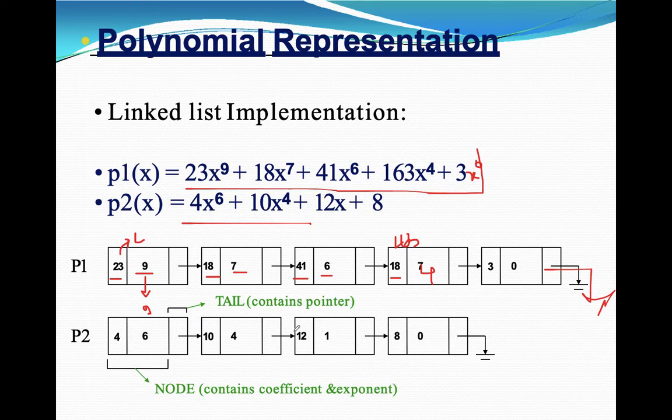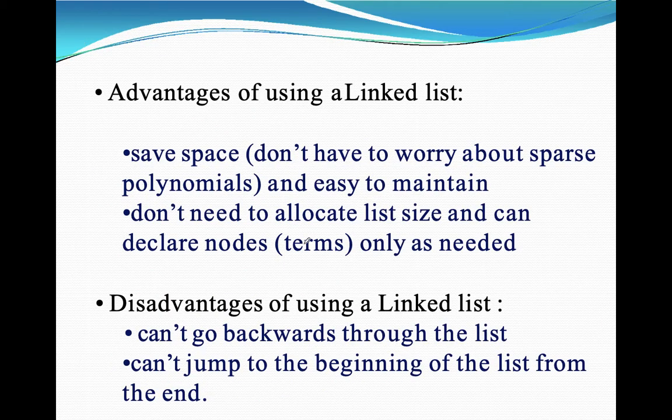Okay, so this part is containing the node, coefficient or exponent, and this one is containing the pointer to the next node. So it saves space.